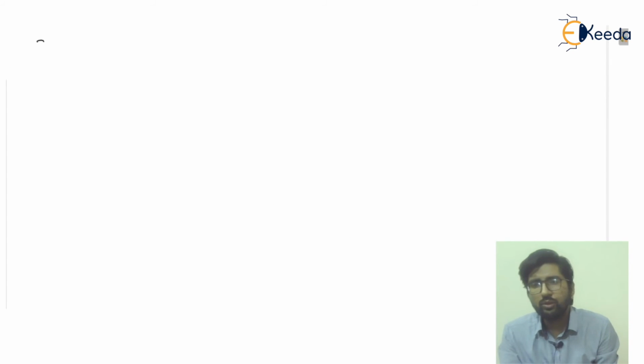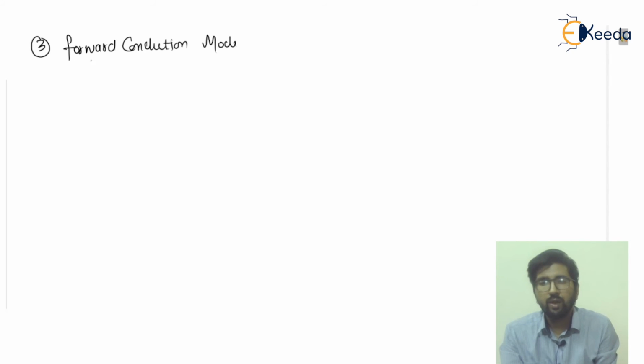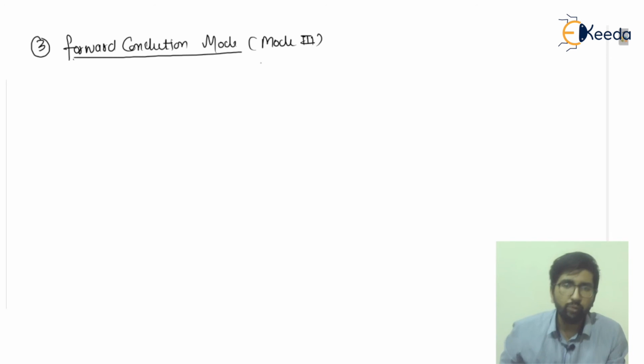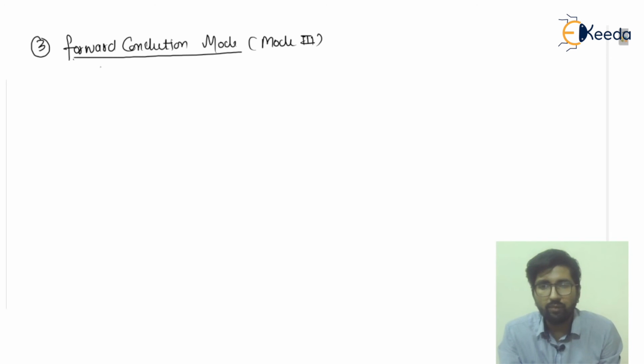Now I will talk about the third point, the forward conduction mode, which is called mode number 3. After the forward blocking mode, we see the forward conduction mode.